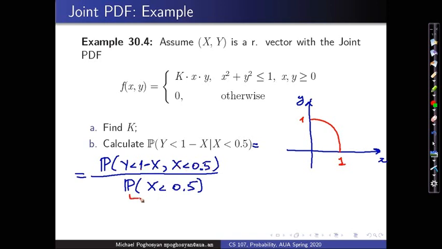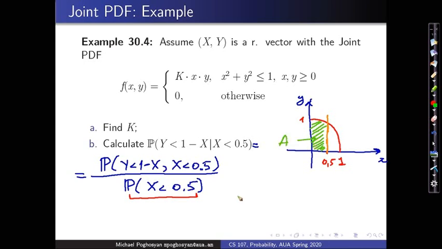Maybe it is first easier to show how to calculate this, then I will draw this region too. X is less than 0.5, so this is 0.5. X is less than 0.5 means we are on the left of this 0.5. So if I draw that, maybe I will take another color. We need to calculate the probability that our points are in this region.